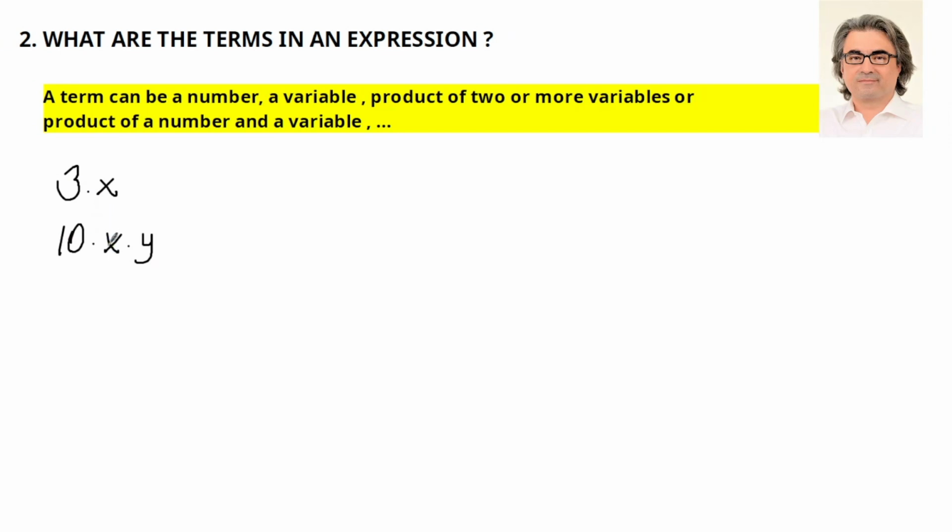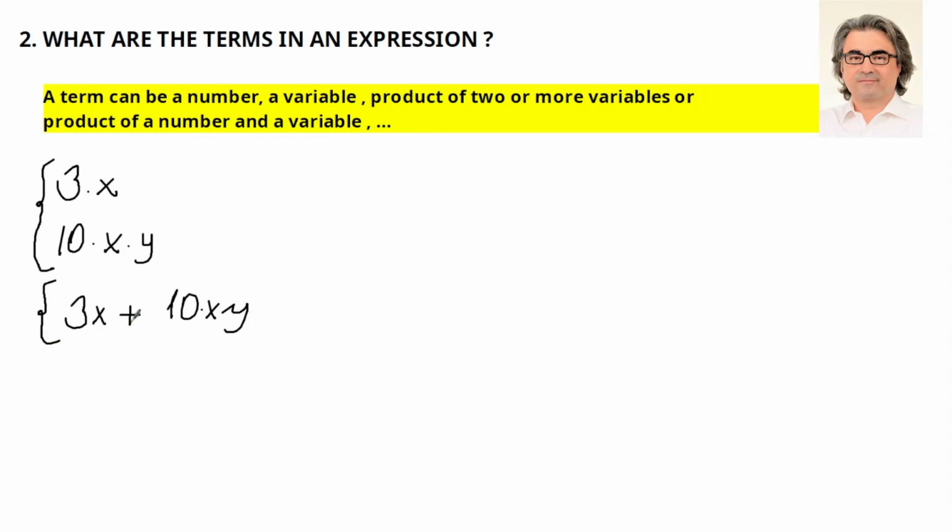Now let's give another example having more than one term. 3x plus 10 times x times y. Now, as you see, I used these two algebraic expressions to make another one.